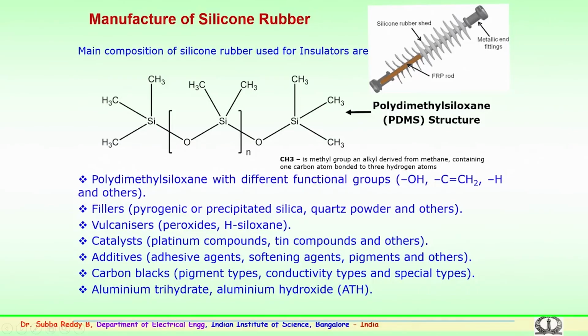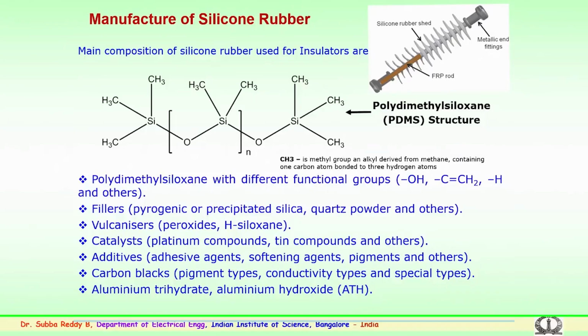There are a number of structures in a silicon rubber PDMS structure, polydimethylsiloxane with different functional groups, that is OH, CH2, H and others. Apart from the silicon rubber PDMS, there are fillers employed.